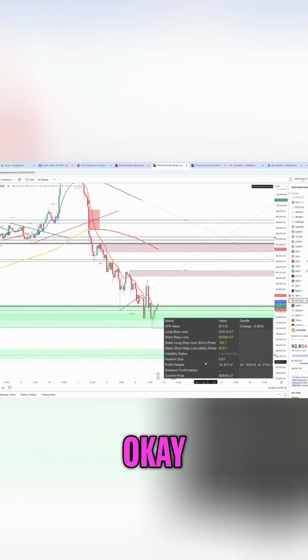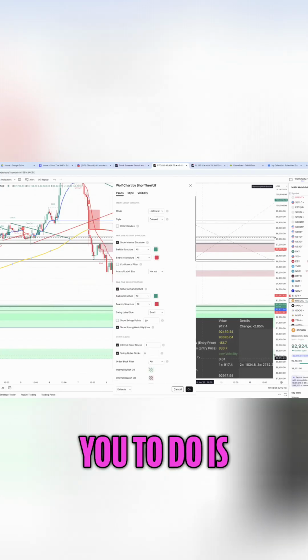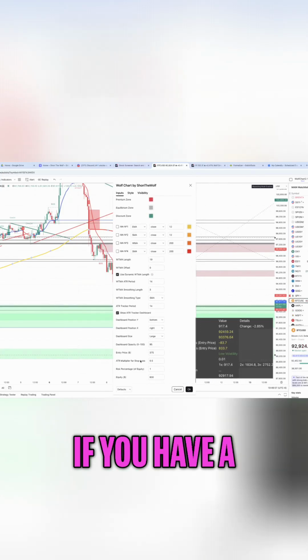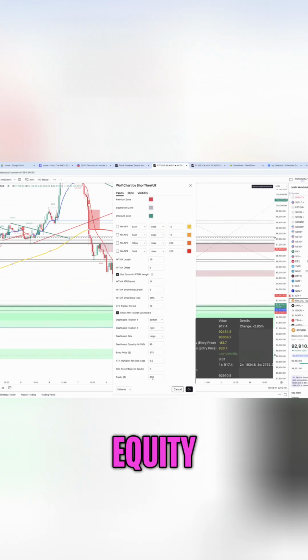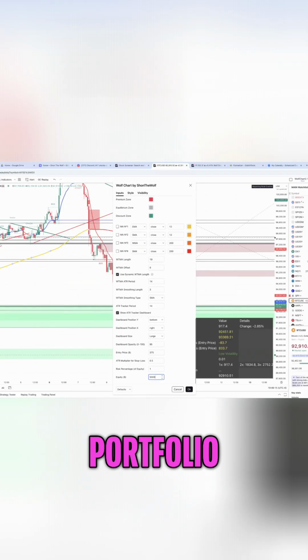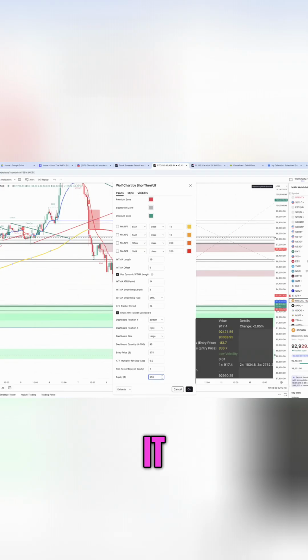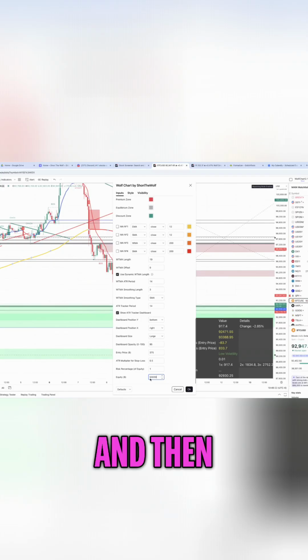Okay. The other thing that it allows you to do is if you try to do risk management, it'll allow you right here with equity. If you have a $5,000 portfolio or a $50,000 portfolio, it doesn't matter. You can type it in manually.